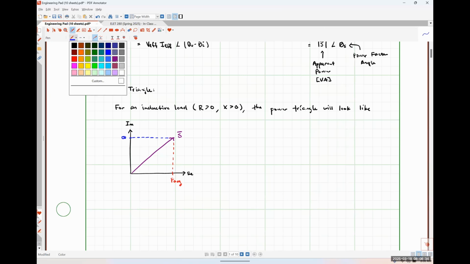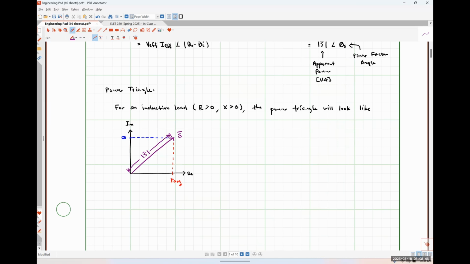The length of this vector is going to be our apparent power. And the angle measured from the positive real axis up to our vector is our power factor angle.